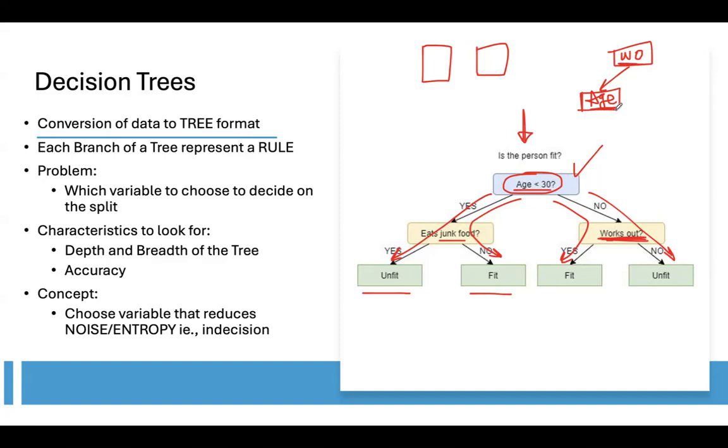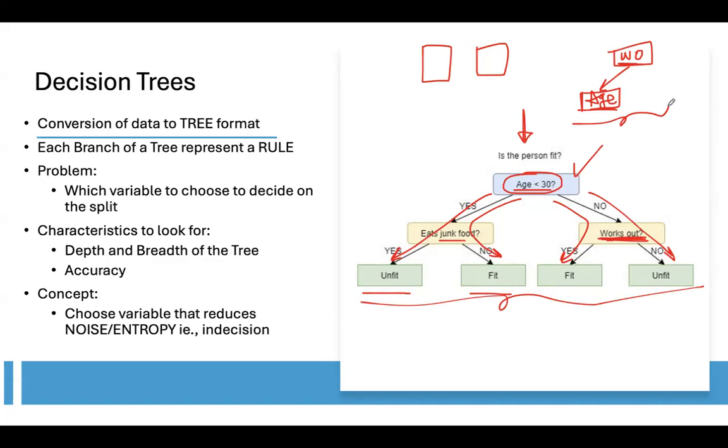The reason for this problem would be that some of the trees that you may develop may be less accurate in predicting whether a person is fit or not. For example, this tree which I'm showing here may be more accurate compared to this type of tree where you are asking a different question.